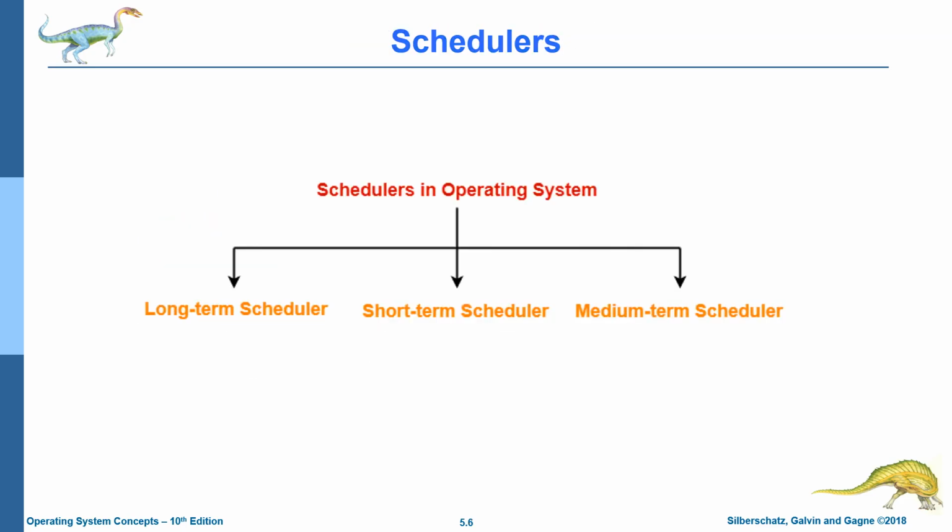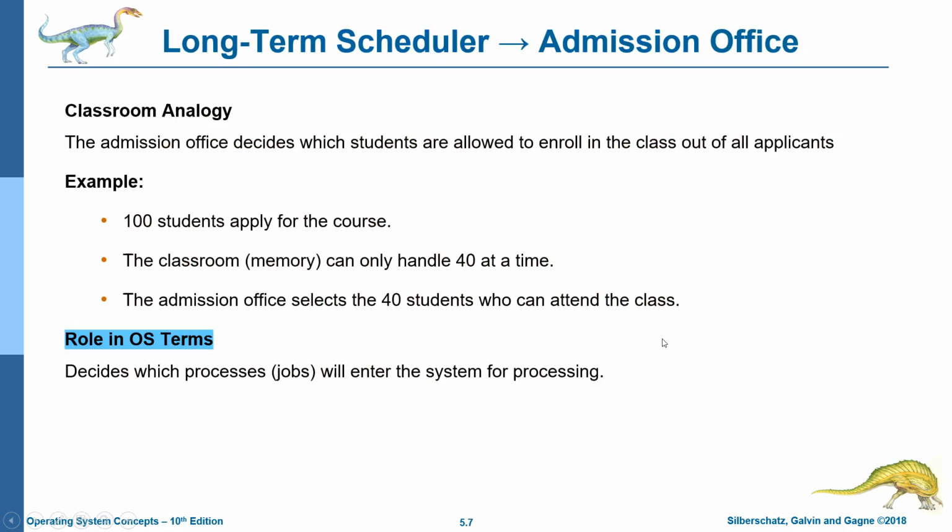Next are the types of schedulers in the operating system. We have three types: the long-term scheduler, the short-term scheduler, and the medium-term scheduler. To understand this topic with a real life example, the admission office works as the long-term scheduler.